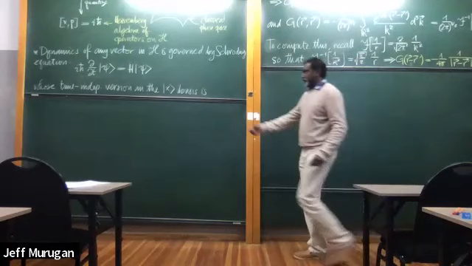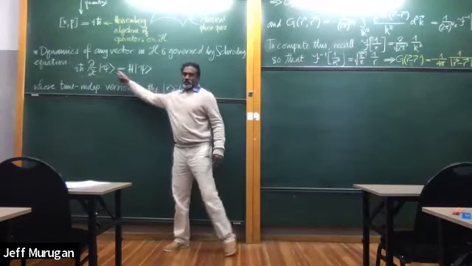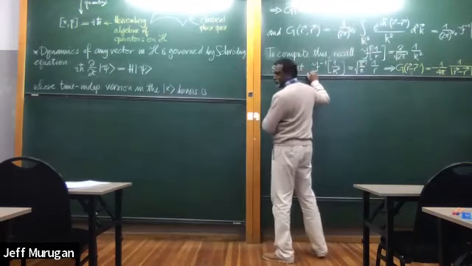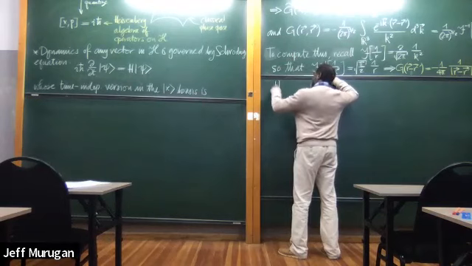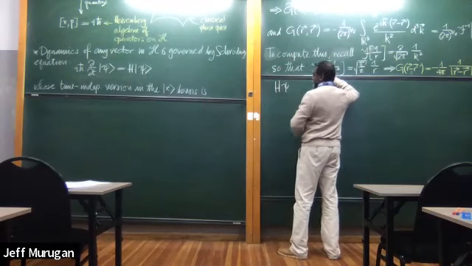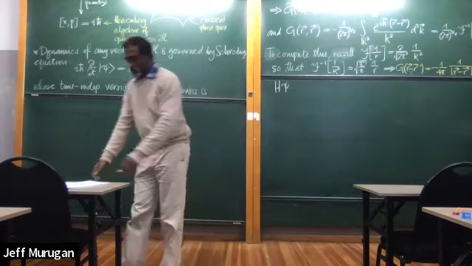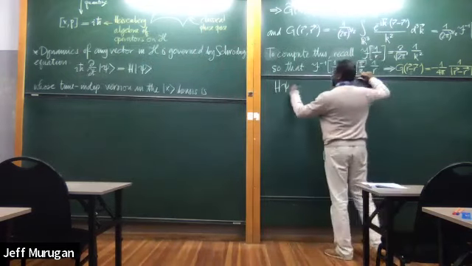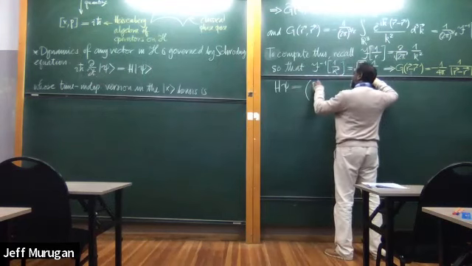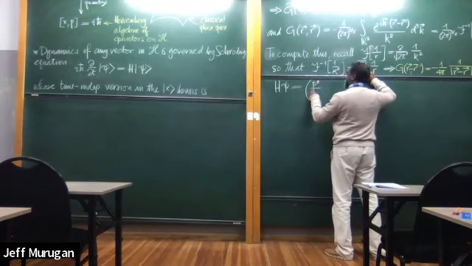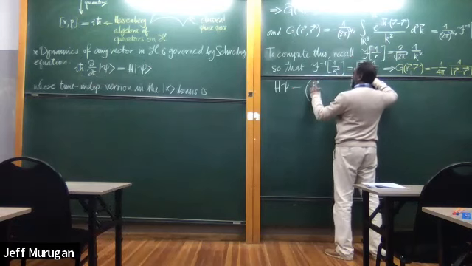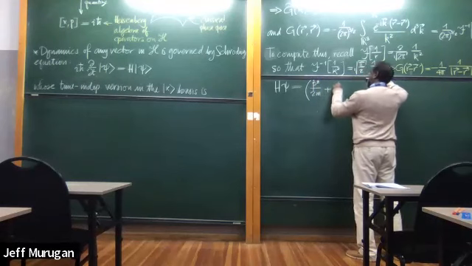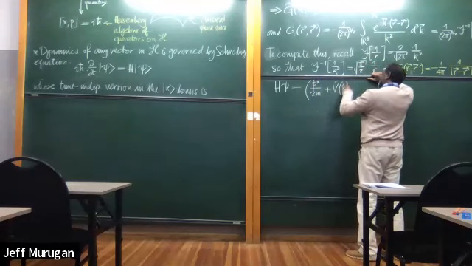So if I take this vector and write it in this basis, then I get the following equation that basically says H psi, and the Hamiltonian in standard form is p squared over 2m plus some potential function of x.